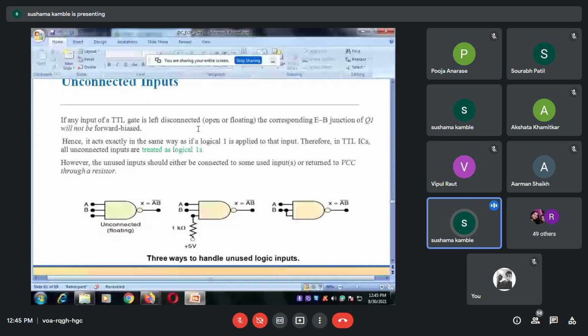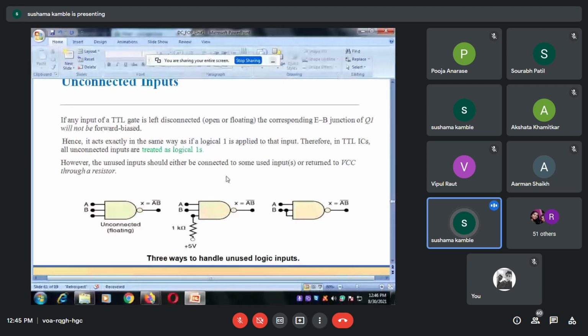So if any one of the inputs is remaining disconnected, then the emitter base junction of Q1 will not be forward biased and it will be treated as logic 1 always. Doesn't matter whether it is floating or what, but you don't have to leave it as it is, remaining unconnected.